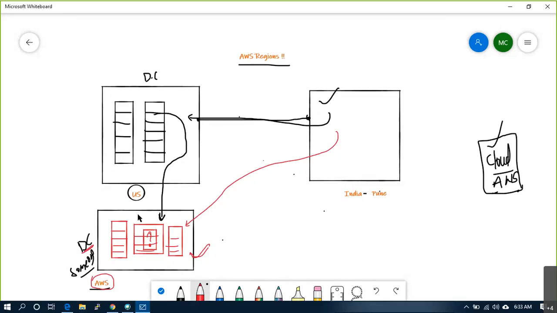You don't need to worry about physical aspects, but you need to understand how that has been set up and which one you want to use. Let's say you have a US region. So where will you migrate your servers if you want to migrate onto Azure.